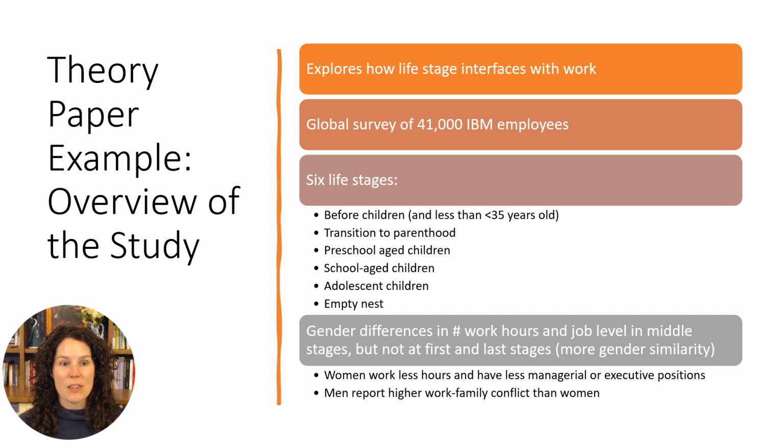So in those middle stages of preschool age kids and school age kids, they found that men on average worked about 5 or 6 more hours per week than women did. Women had less upper level positions, and men reported experiencing higher work-family conflict than women.